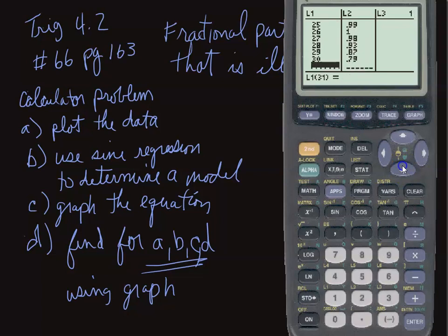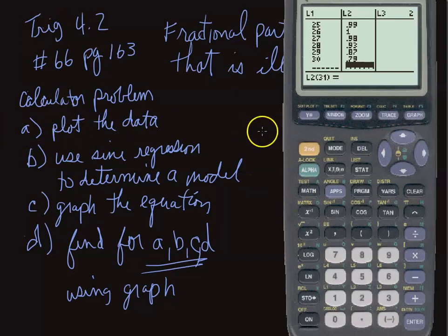That's one's pretty easy to put in. And then for L2, you're going to put in the data that they have for their fraction. So the 0.73, the 0.63, etc., etc. There's 30 of those data points. So you're going to have to make sure you do it. Take your time. You don't have to race through that. If you make a mistake, it'll throw things off.